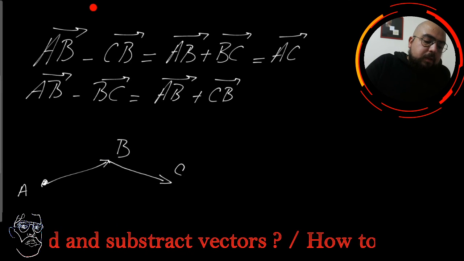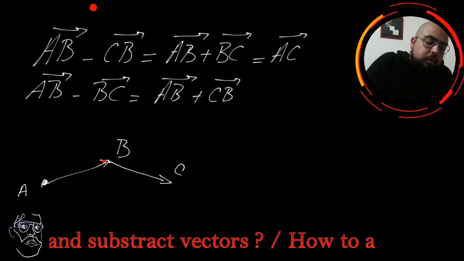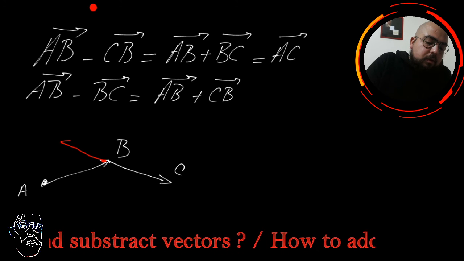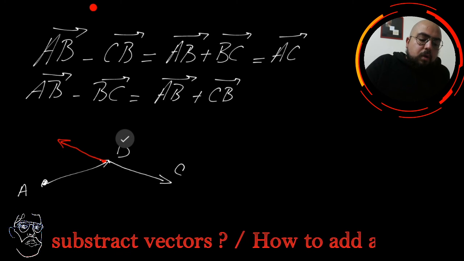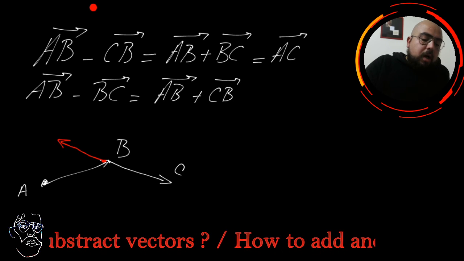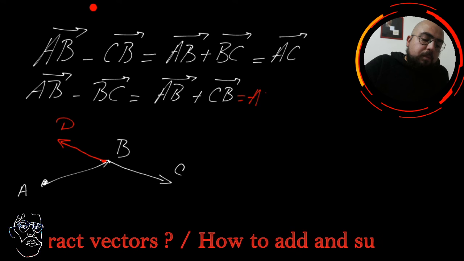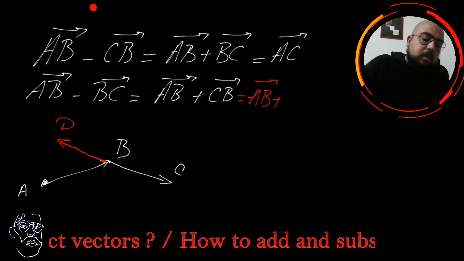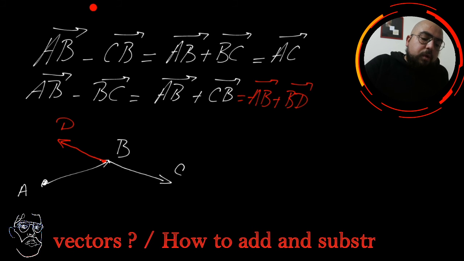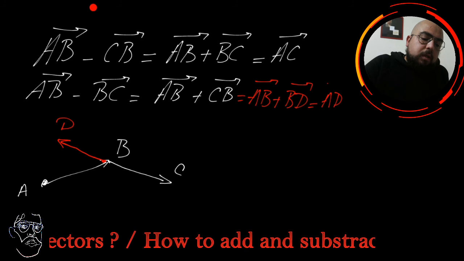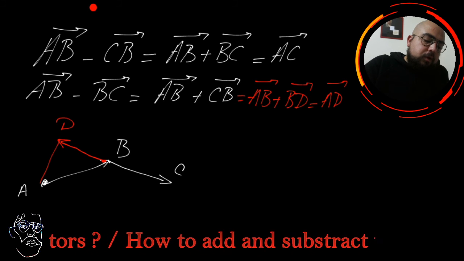Minus BC means the opposite of BC, which is the same thing as CB. I can say that it's the point D, so it will be equal to AB plus BD, which is equal to, again, AD.